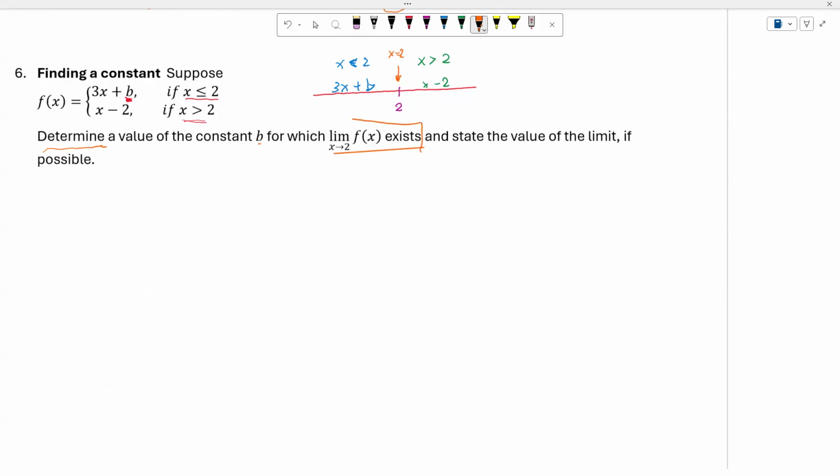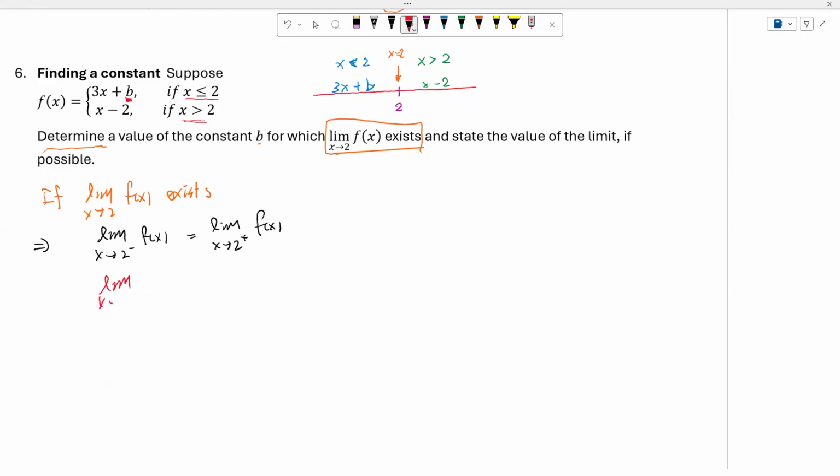Now this actually gives us a hint: if the limit as x approaches 2 of f of x exists, that implies that the limit as x approaches 2 from the left of f of x equals the limit as x approaches 2 from the right of f of x. Okay? The one-sided limit is telling us this. Then now the problem is easier to work out.